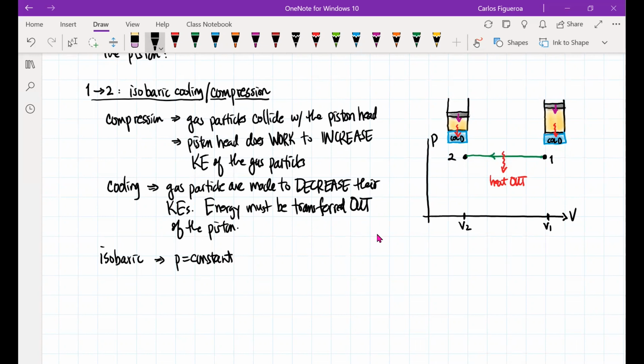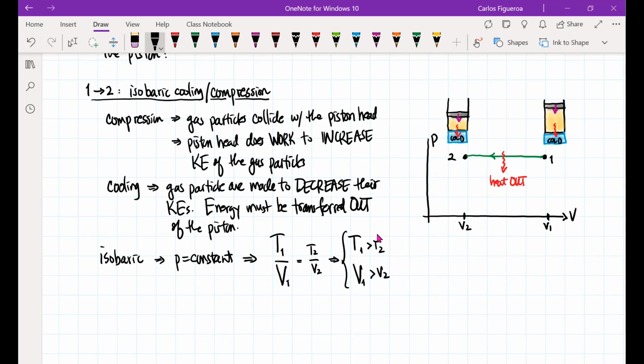And from the ideal gas laws, if I have a bigger volume, then I must have a higher temperature, because when I get to state 2, I'm going to have a smaller volume and therefore a lower temperature. So this isobaric process tells us 2 things. I expect that the temperature at 1 to be higher than the temperature at 2. I expect that the volume of 1 to be higher than the volume of 2.